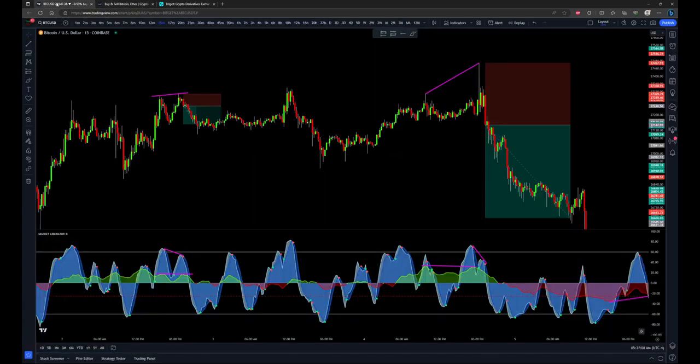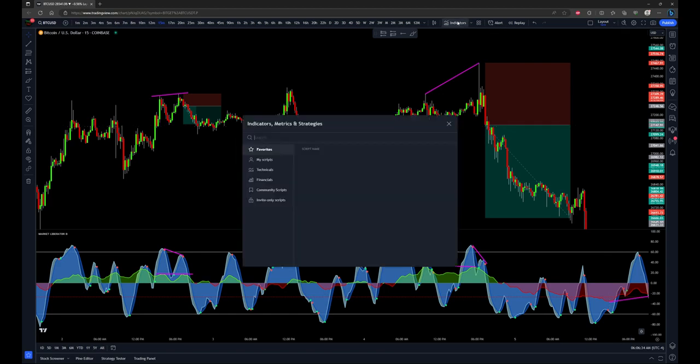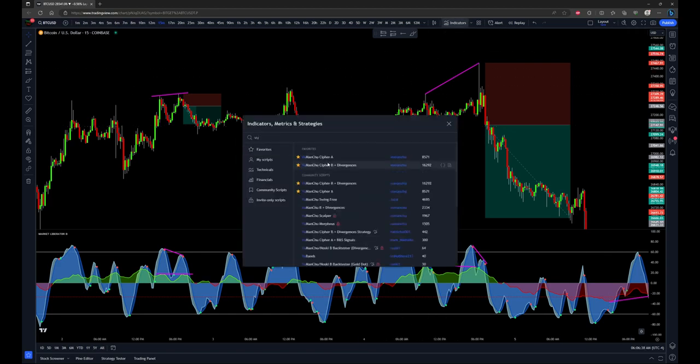Now, let's get into the strategy rules, starting with the indicator itself. The one and only indicator being used for this strategy is called Market Liberator B. There are two other indicators very similar to this one. One is called the Wu Manchu Cipher B plus divergences, which can be found for free in the indicator library. It's called Wu Manchu Cipher B plus divergences here in the public library.